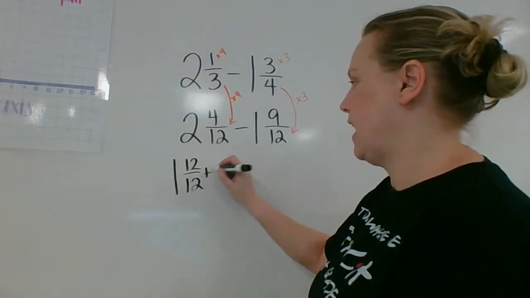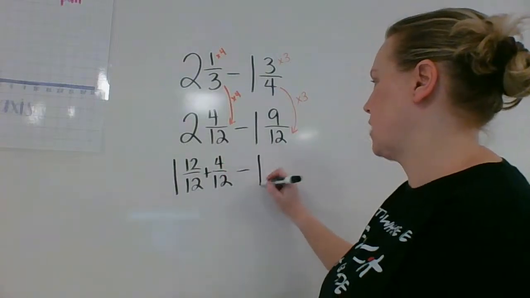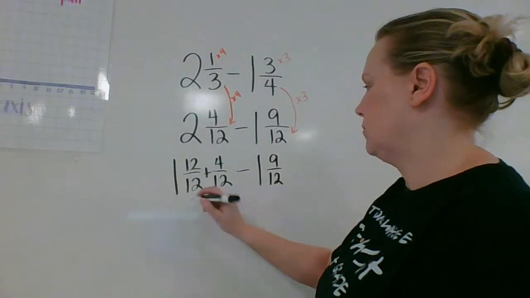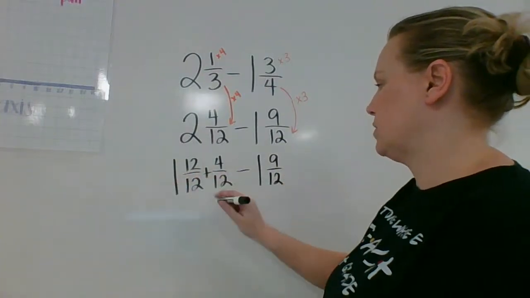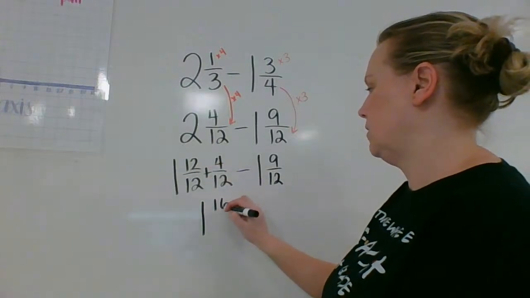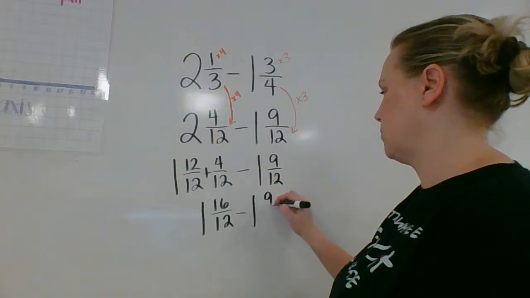So I'll just add that to the 4 twelfths I already have. And then I'll subtract 1 and 9 twelfths. So 1 and 12/12 plus 4/12 is 1 and 16/12 minus 1 and 9/12.